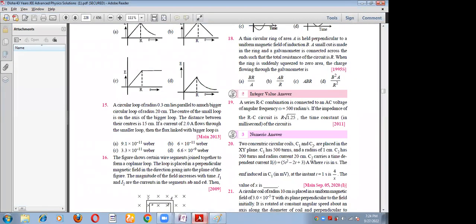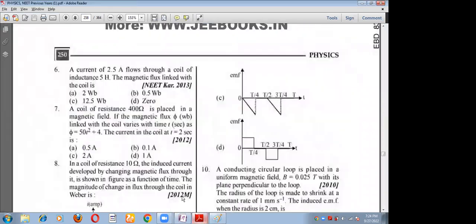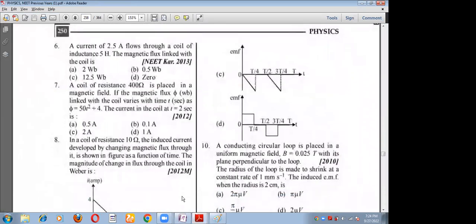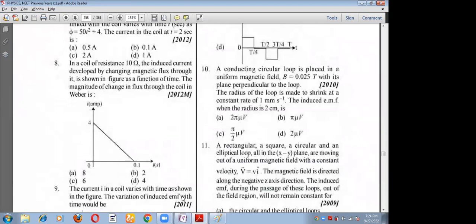Let us do one more question based on that, then a NEET question. Do this question number 8.